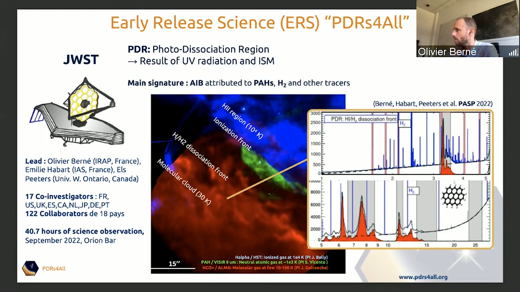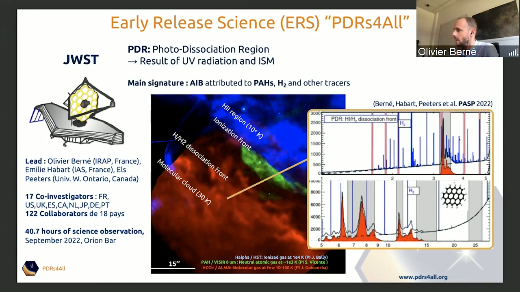And you have also these bands that you also find at longer wavelengths, which are called the aromatic infrared bands, and which are commonly attributed to the infrared emission of stochastically heated molecules or small grains of the family of polycyclic aromatic hydrocarbons, PAHs.